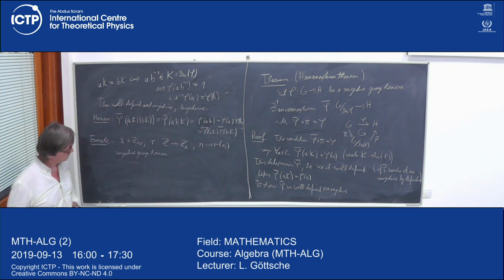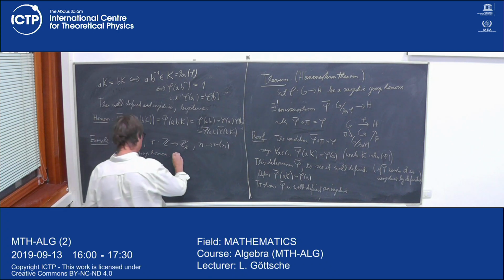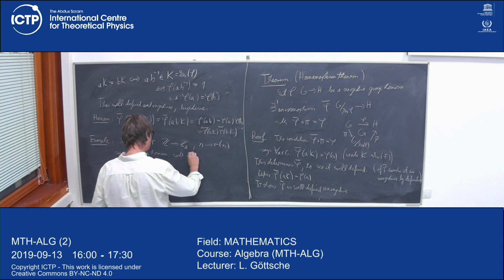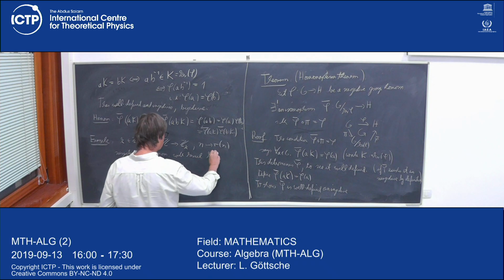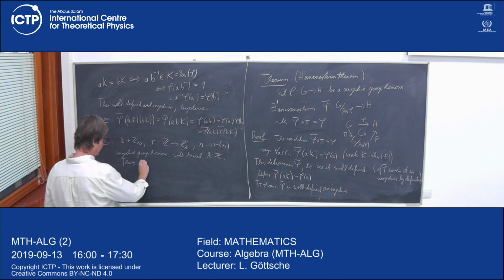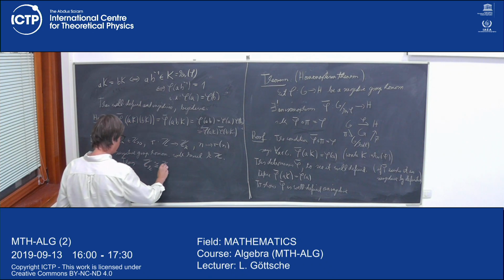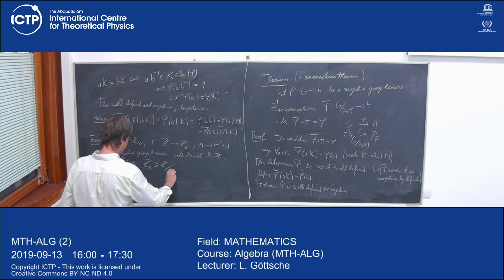And the kernel consists of the elements which are divisible by K, K times Z. So thus we have an isomorphism: Z_K is isomorphic to Z modulo K times Z.